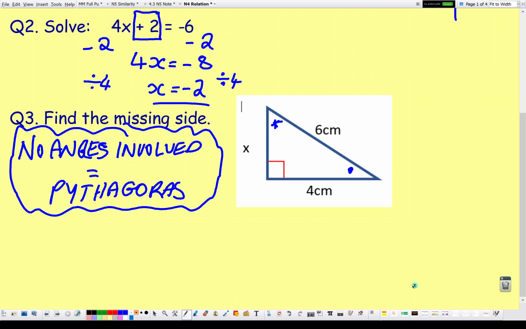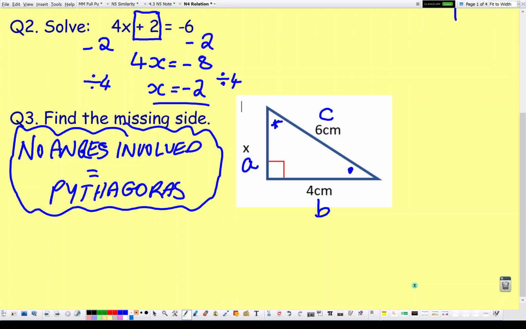Okay, so in this case, Pythagoras, we need to label a triangle. Remember, we don't label it hypotenuse, opposite and adjacent because there's no angles, but we do label the hypotenuse with the letter C, and our 2 smaller sides are A and B. So A I always call the missing side and B is the other smaller side.